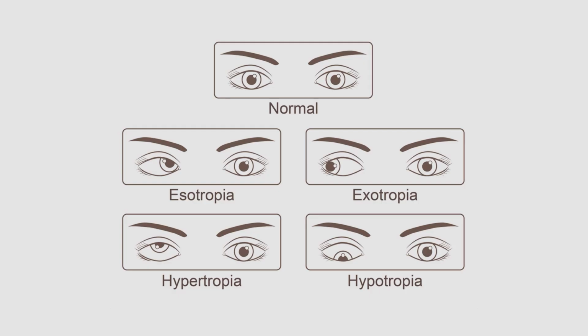In the management of intermittent exotropia, we must correct any significant refractive error and treat any amblyopia that's present. We can use fusional and convergence exercises based on prisms for conservative treatment.